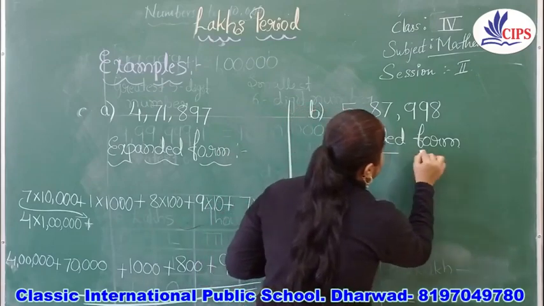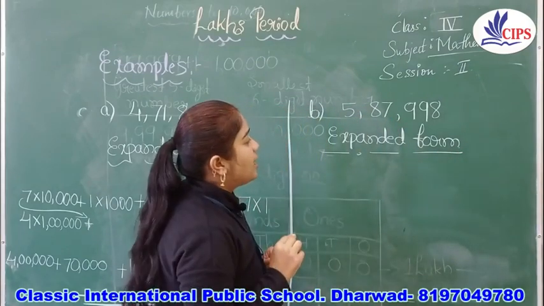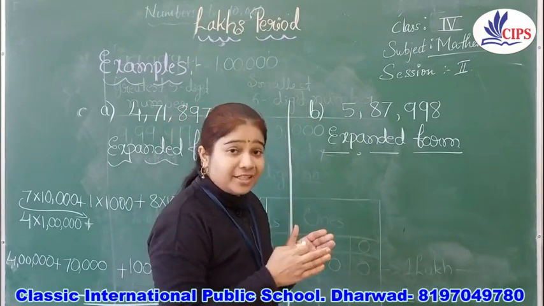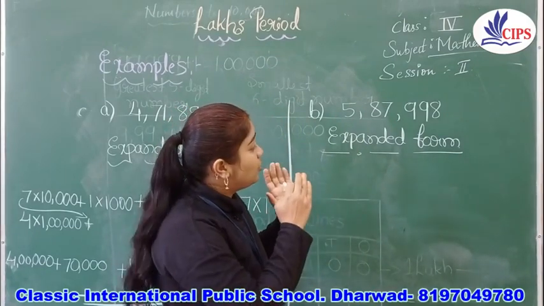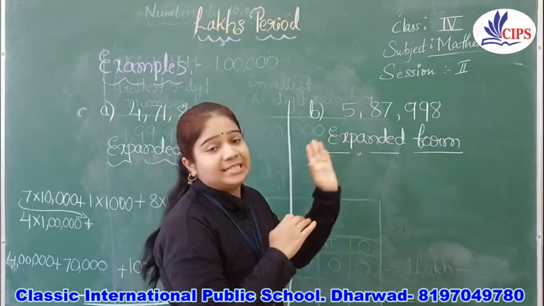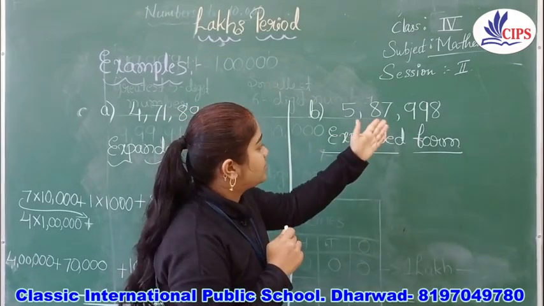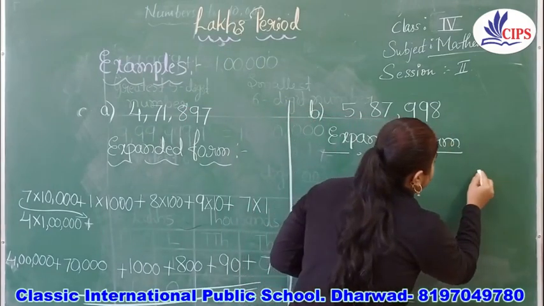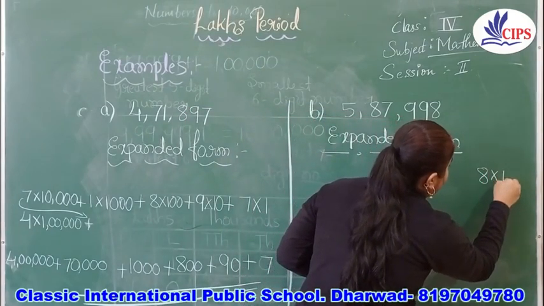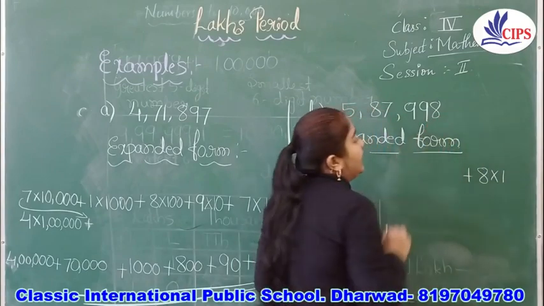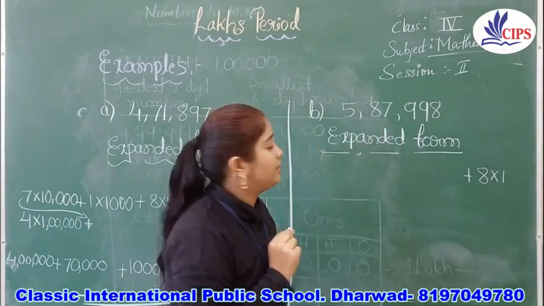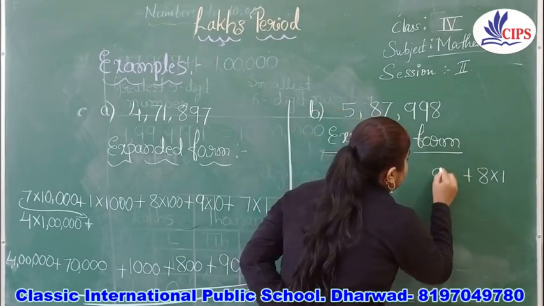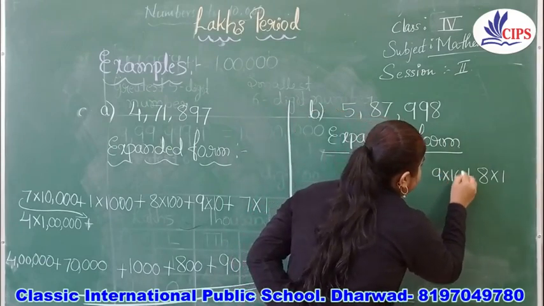We'll start to write the expanded form. As I told you earlier, it is better to go to the extreme right side. Next towards the left. 8 into 1, because 8 is in the ones place, right? Next 9, it is in the tens place, right?